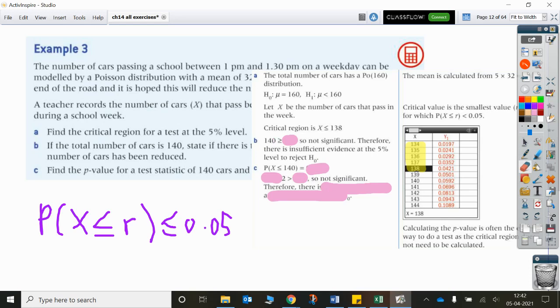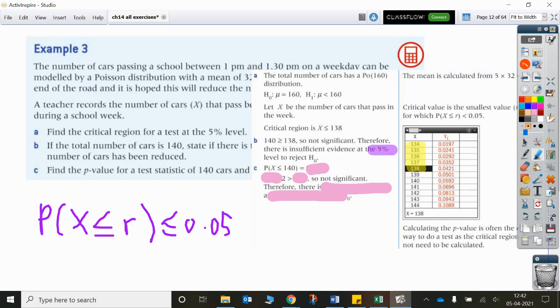So it says here that 140 is greater than 138, so it's not significant. The way in which they've done that is via the critical region test. Given that we know that the critical region is less than or equal to 138, since 140 is not in that critical region, therefore it's not significant.